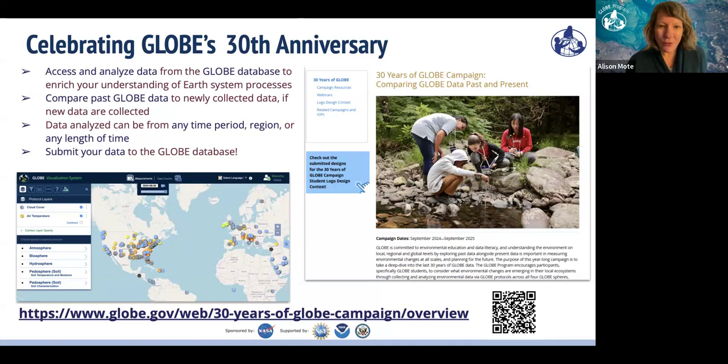We've got over 250 million observations and measurements in our Globe database. So we're encouraging the community and students to access this data as part of their projects this year. Students can compare past Globe data to newly collected data if they are collecting new data, or they can use the data as a standalone to answer their research questions.